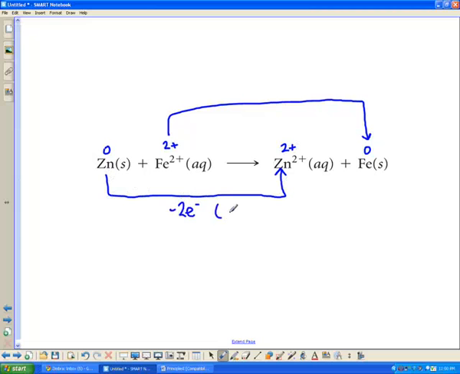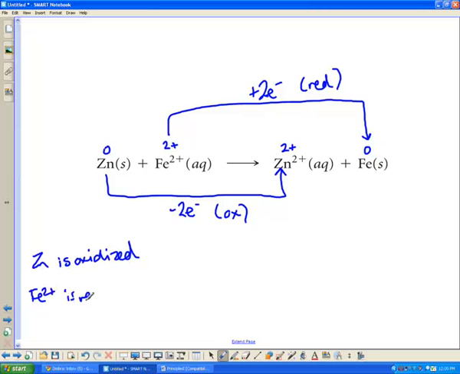The zinc is being oxidized. The Fe2 plus, its oxidation state is getting smaller. Alright, it's gaining 2 electrons. It's being reduced. So we can say then the zinc is oxidized and the Fe2 plus is reduced.